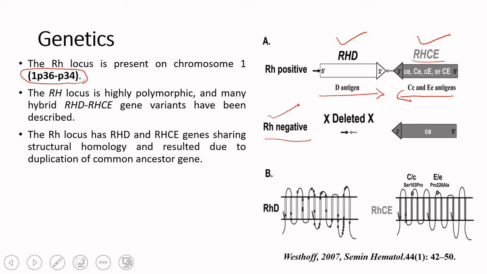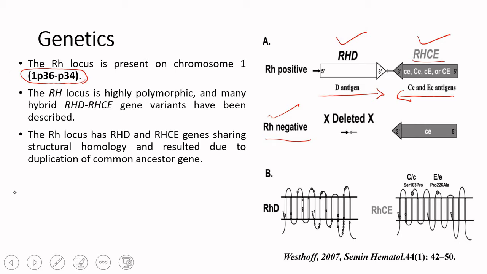The Rh locus has RHD and RHCE genes sharing structural homology. If you look at the structure of these two genes, both share a similar type of structure, and it is observed that their structural homology is shared because of a common ancestral gene.